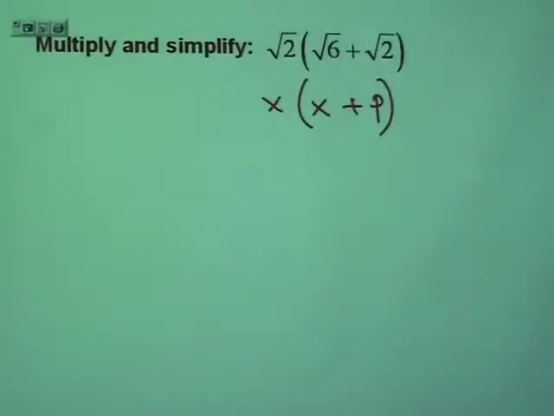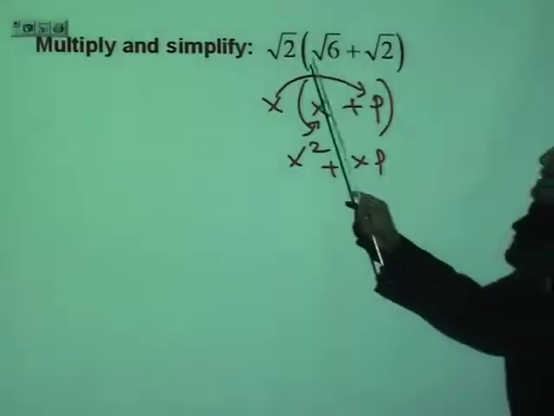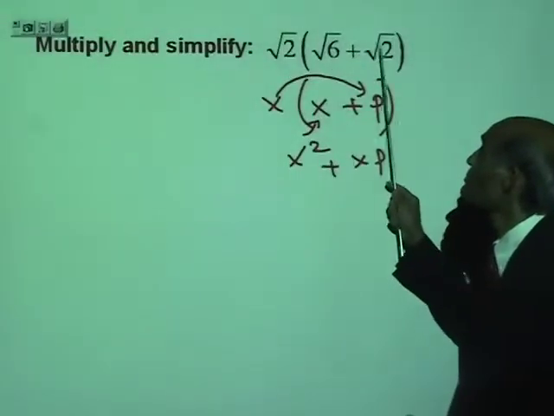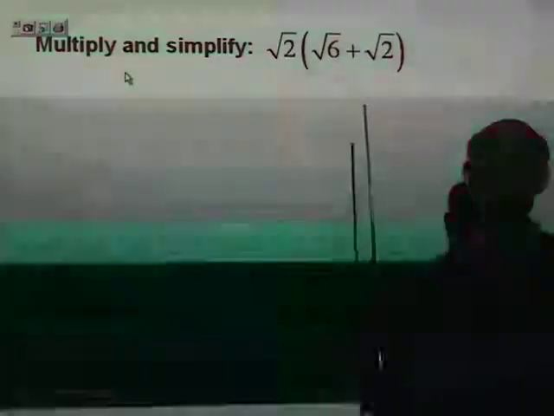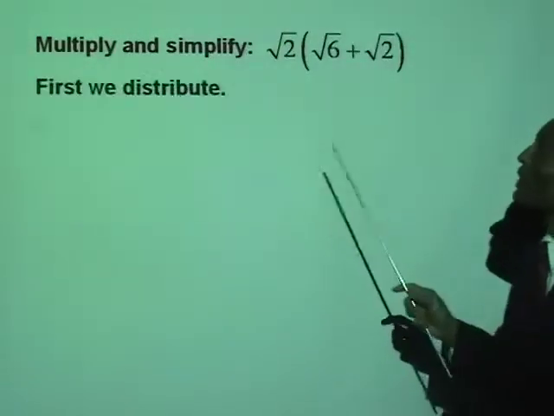What do we do? x times x is x squared, and x times positive p is positive xp. In the same way, we will distribute the square root 2 into the two terms inside the parenthesis. And how does that look?